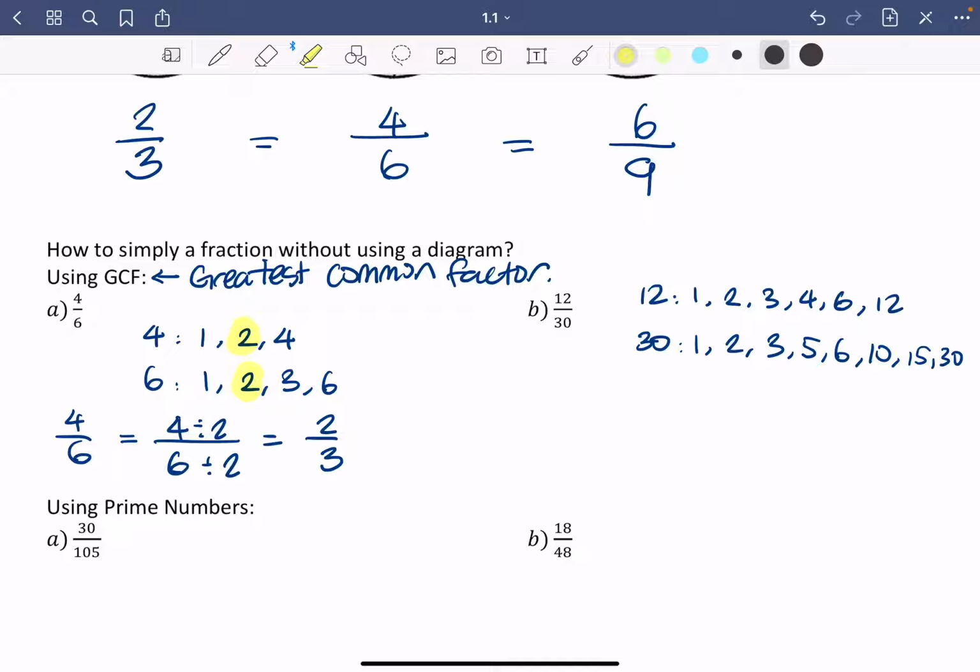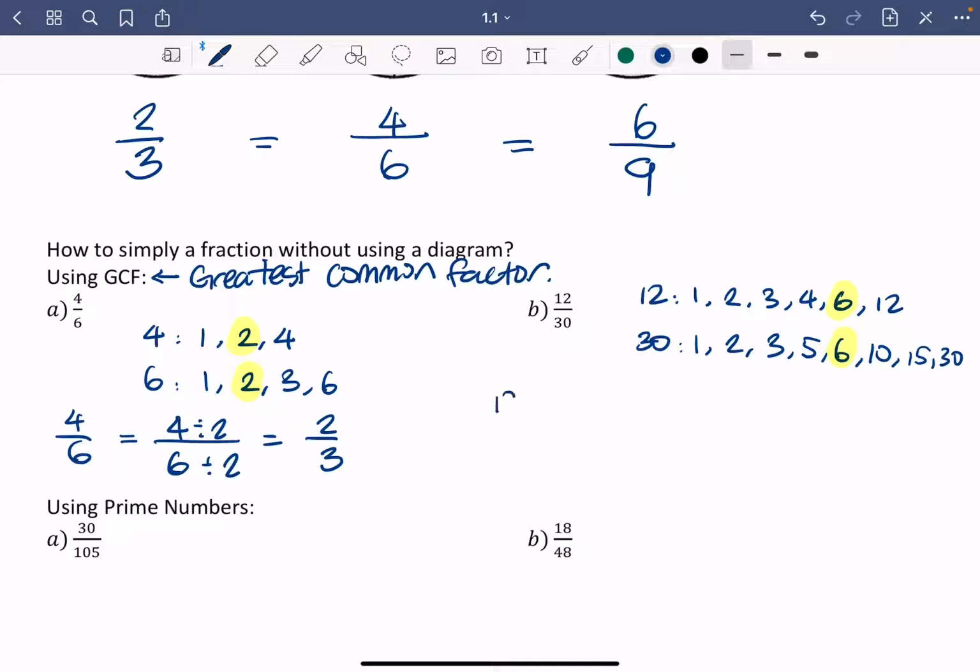What's the biggest factor that's in common? We can see that 6 is in both of those lists of factors, right? So 6 is the greatest one.